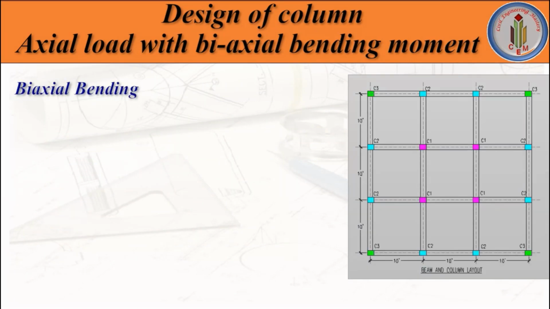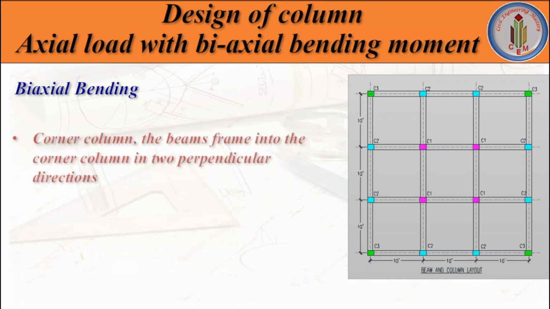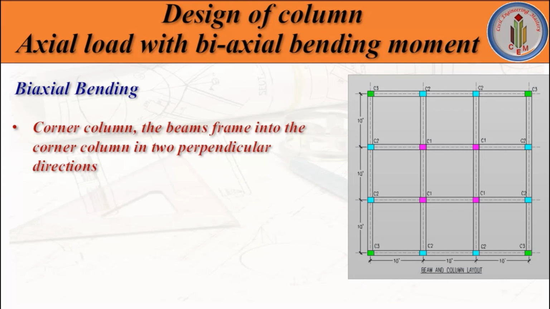Next, let's see which columns we need to design for biaxial bending moment. Basically, if you take a column layout, if it is a uniform layout, then we get all three cases: axially loaded columns, columns with uniaxial bending moment, and columns with biaxial bending moment.